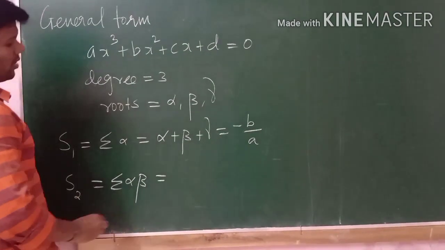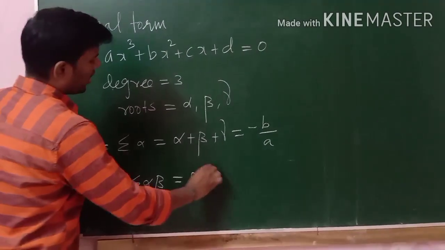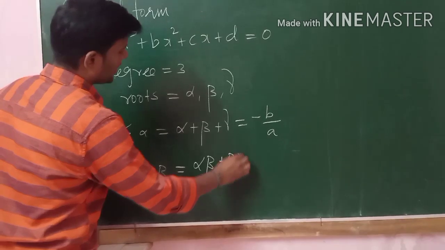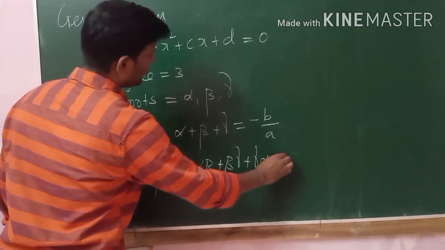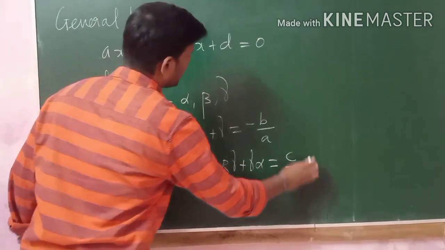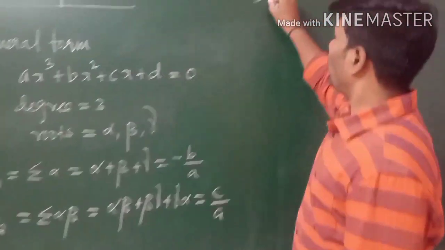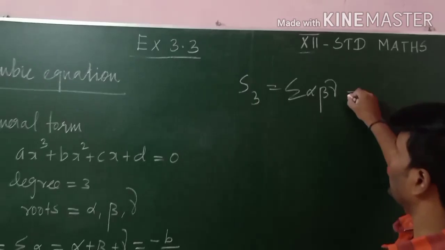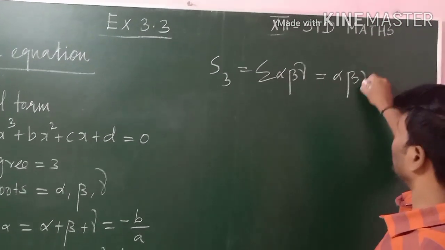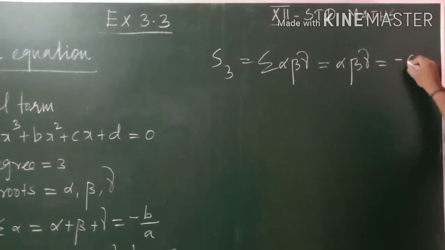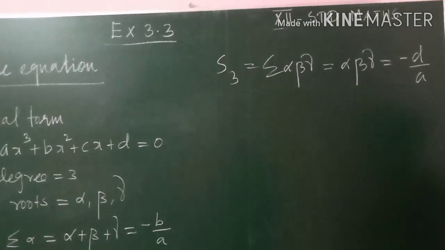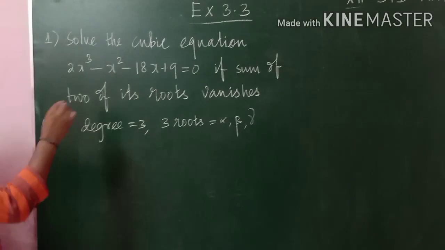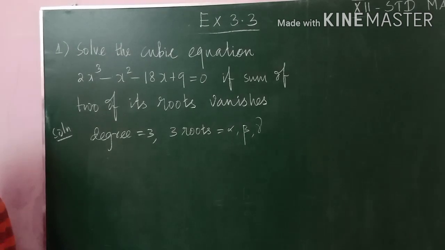We take them two at a time and add: alpha into beta plus beta into gamma plus gamma into alpha equal to c by a. And what is S3? Summation alpha beta gamma: alpha into beta into gamma is equal to minus d by a. Now exercise 3.3 first sum.